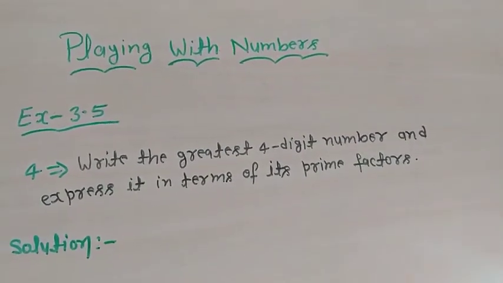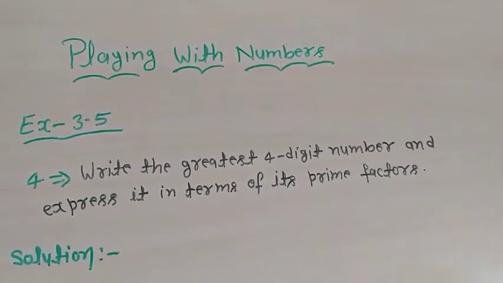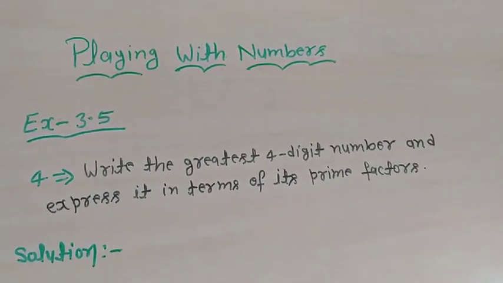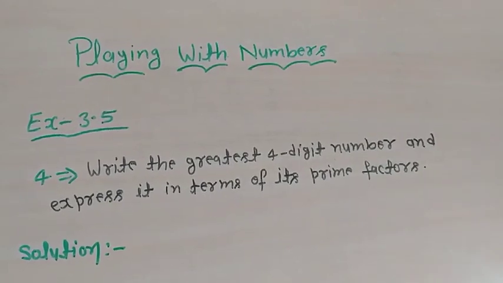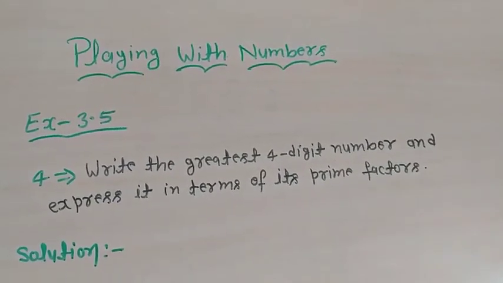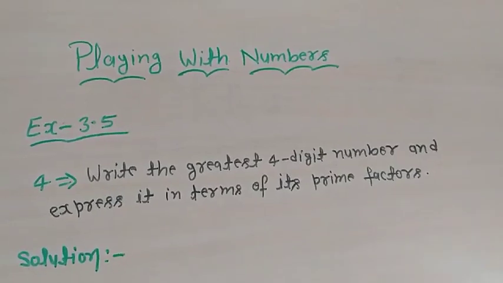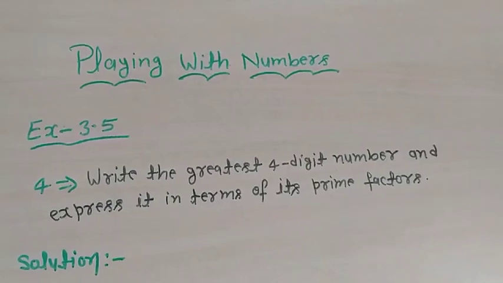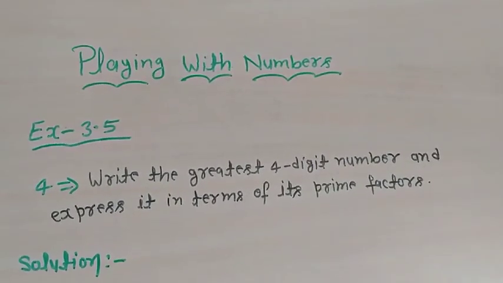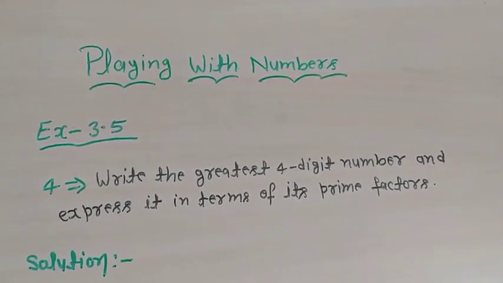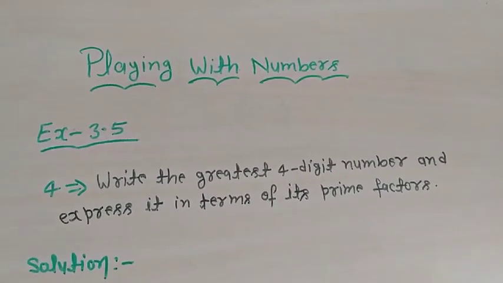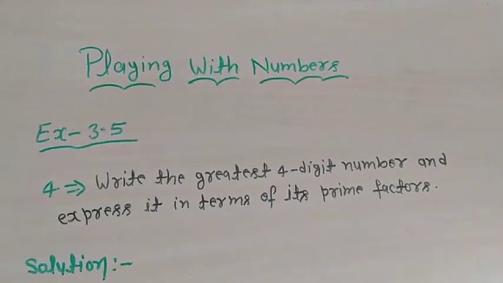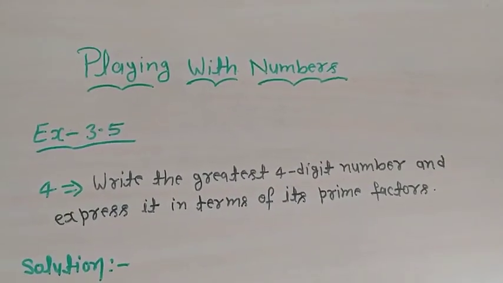Okay, it means write any composite number as the product of prime numbers. Okay, for example, 6 is a composite number. So you can write 6 is equal to 2 into 3. These are prime factors. Okay, you can say prime factorization. So what is the greatest 4-digit number? I hope all of you know.